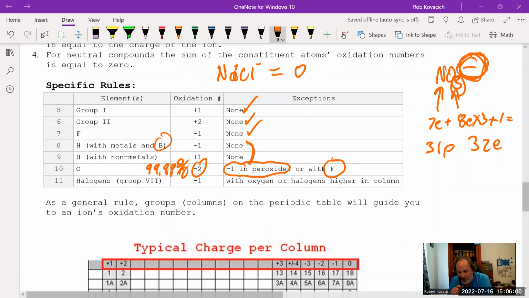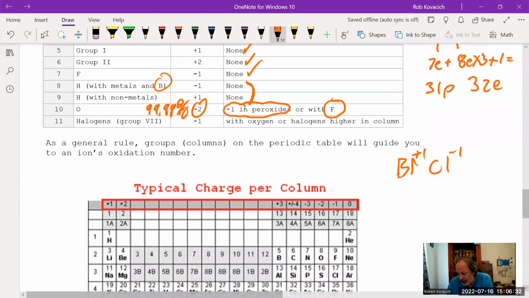So if bromine has made a compound with chlorine, chlorine's charge will be a -1, and bromine's charge would have to be, sorry, I don't know why I wrote a +2, will have to be a +1, because bromine is lower on the table and chlorine is taking bromine's electron away. And we talked about electronegativity, which is the ability of an atom to take electrons. In this case, chlorine's electronegativity is stronger than bromine's electronegativity, which is why chlorine takes the electron from bromine. Or you could say that bromine gives the electron to the chlorine.